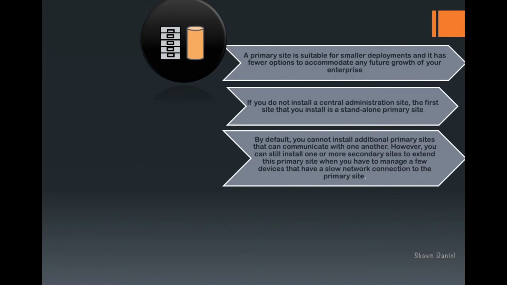If you do not install a central administration site, the very first site that you install is a standalone primary site. By default, you cannot install additional primary sites that can communicate with one another. However, you can still install one or more secondary sites to extend the primary site when you have to manage few devices that have a slow network connection to the primary site.